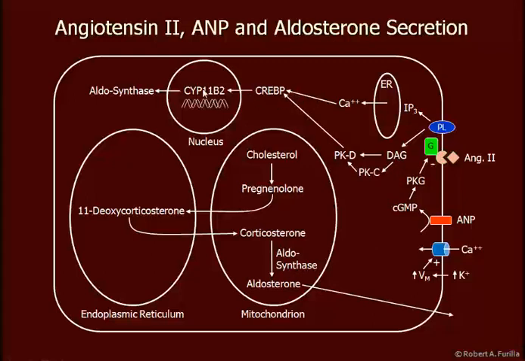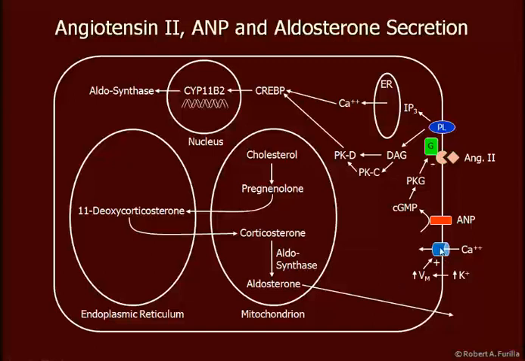This then causes the transcription and translation of aldosterone synthase. Now, aldosterone synthase, we can jump all the way down to here, is responsible for converting corticosterone to aldosterone, which will then be released. Under high potassium concentration, membrane potential rises.